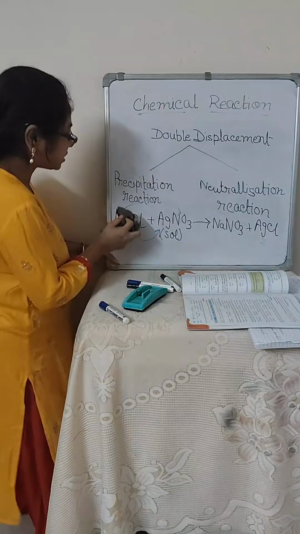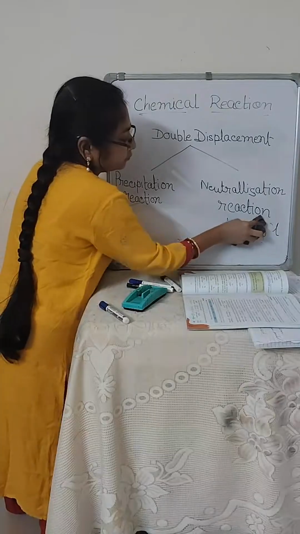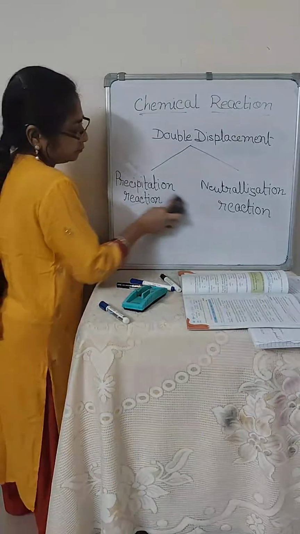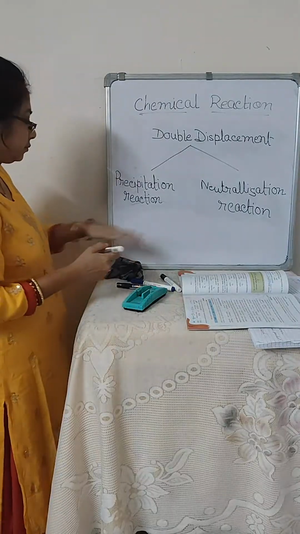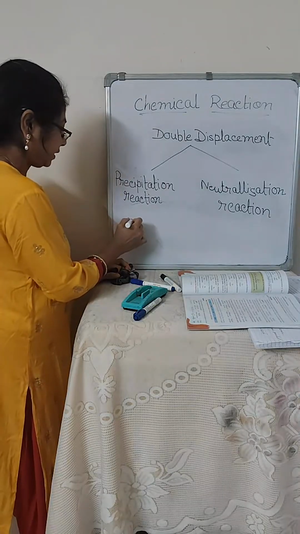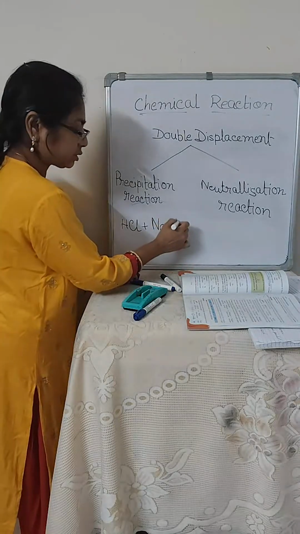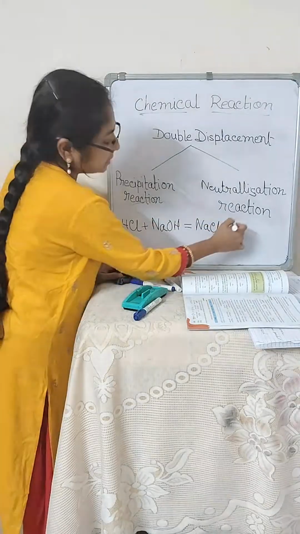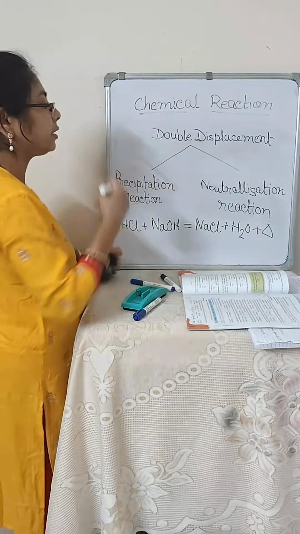Next one, neutralization reaction. HCl plus NaOH, caustic soda, gives NaCl plus H2O plus heat. It is called a neutralization reaction.